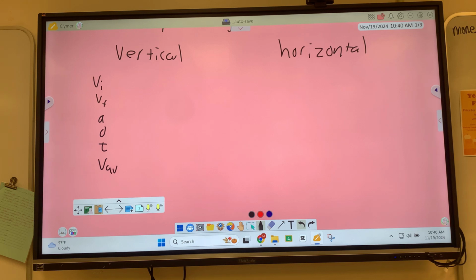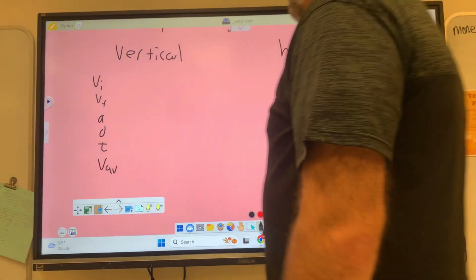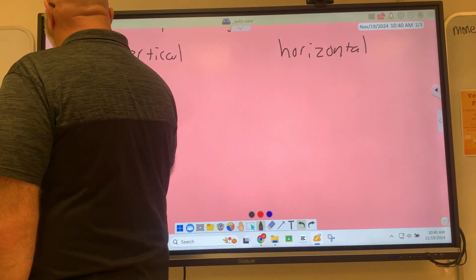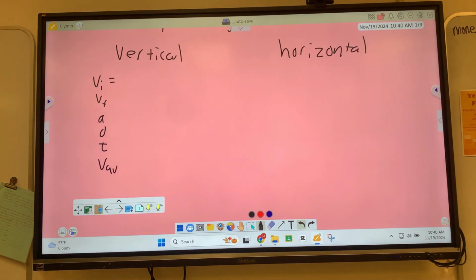There's a reason we did all that stuff in Unit 1. It's so that we can come back to it now, and this is old hat. We can figure this out. So let's start thinking about how we can fill these things in. What is our initial vertical velocity? Do we know this?